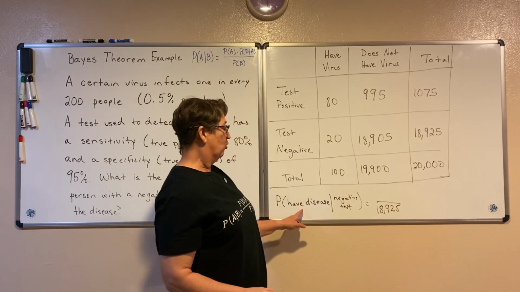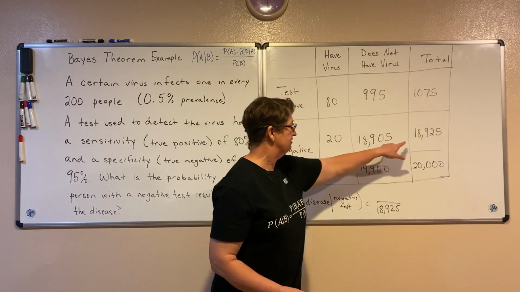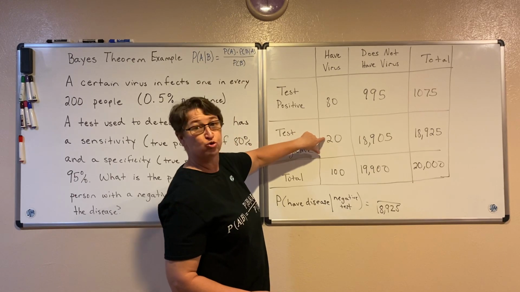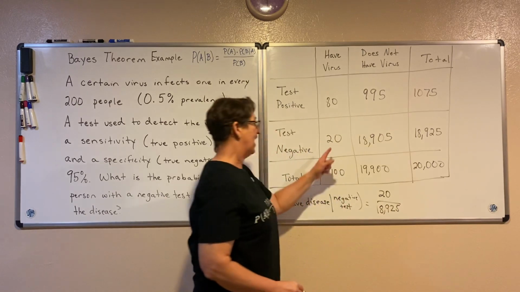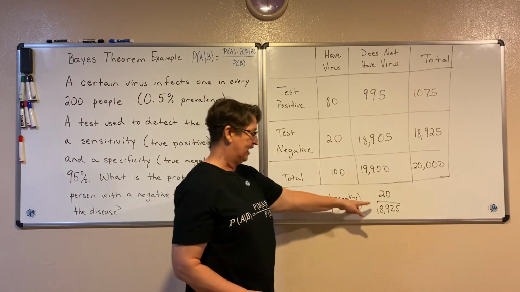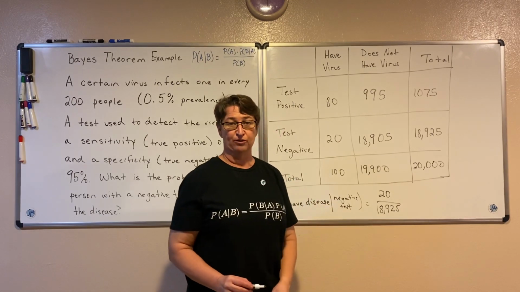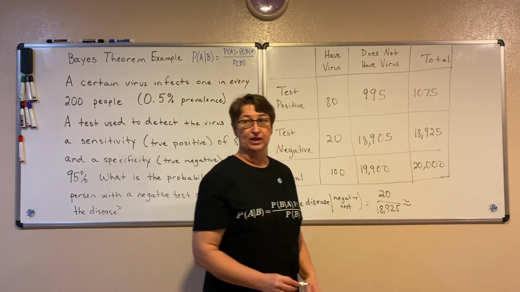Then we want to know what's the probability they have the disease. So only looking at these guys, there are 20 of those that have the disease. So the probability that they have the disease, given they got a negative test, is 20 out of 18,925. The probability they have it is really, really tiny.